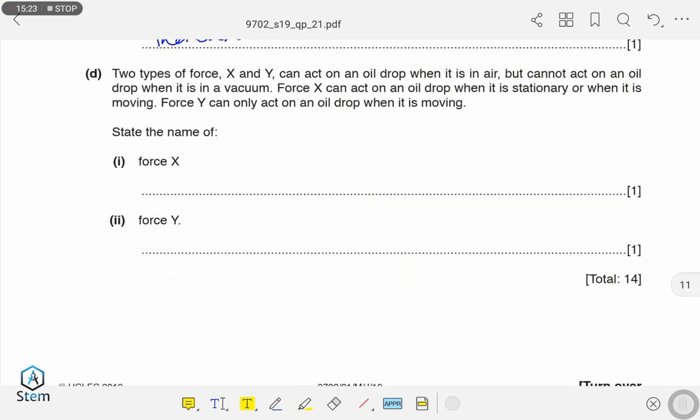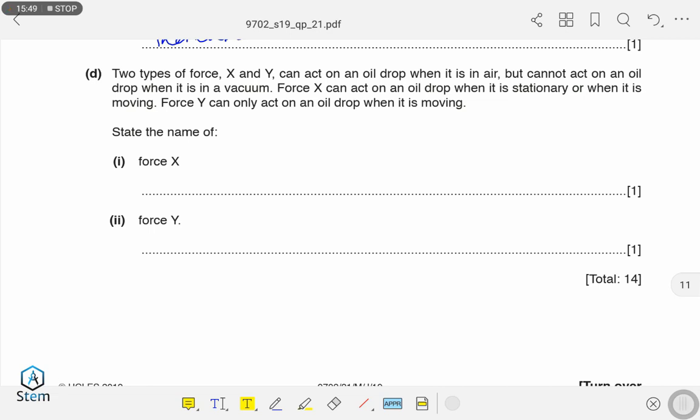Two types of force, X and Y, can act on an oil drop when it is in air, but cannot act on an oil drop when it is in a vacuum. Force X can act on an oil drop when it is stationary or when it is moving. Force Y can act on an oil drop when it is moving.